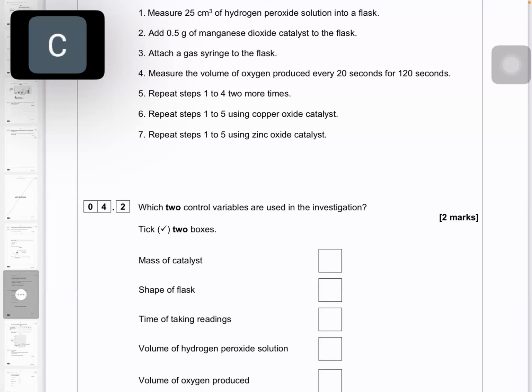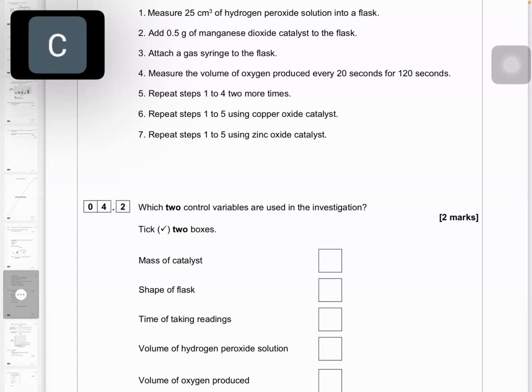So I think I'll go with volume of oxygen produced. The first one there says mass of catalyst.